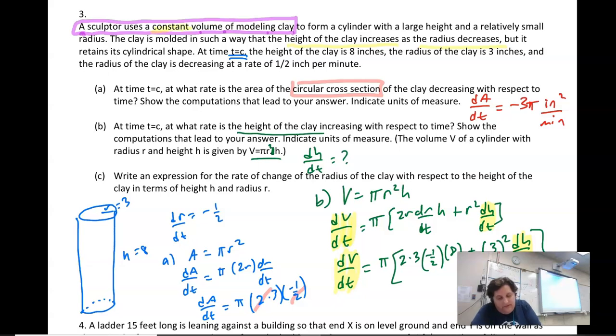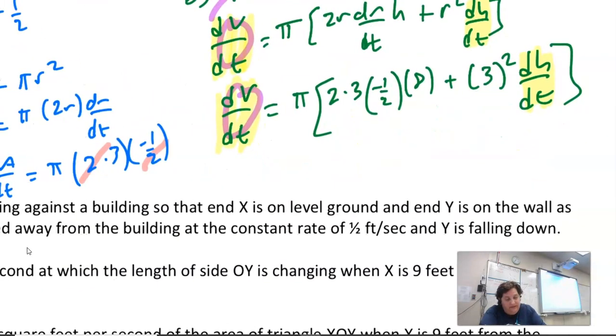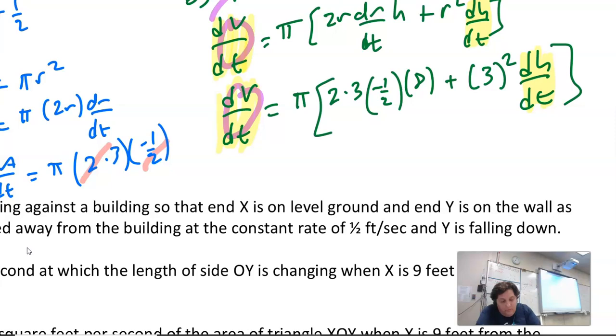A constant volume. So right over here, what is dV/dt, my friends? dV/dt is 0 because volume is constant. Okay? So that took me a minute. I was a little bit worried for a second there, but never fear. We're back. That was tough.